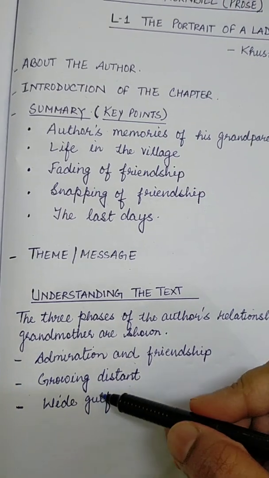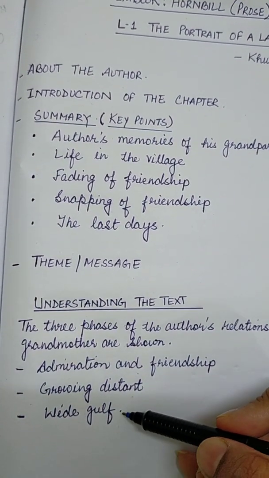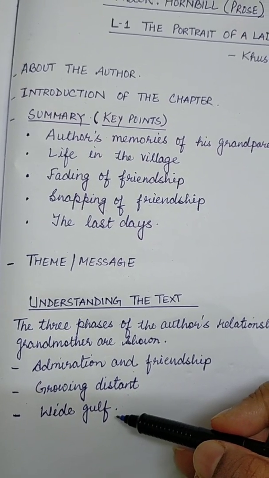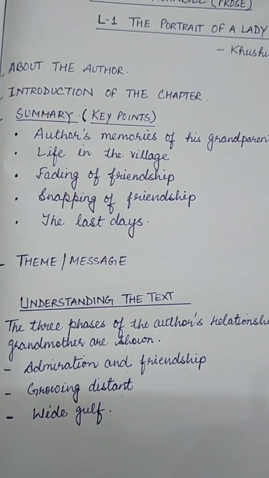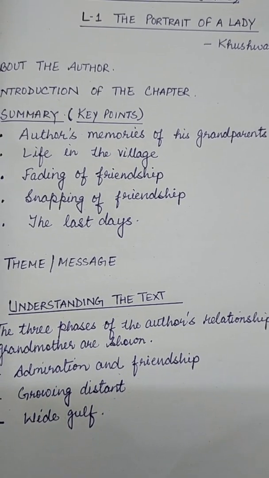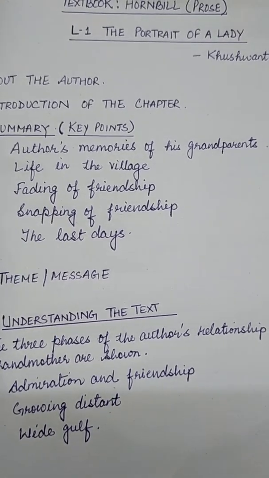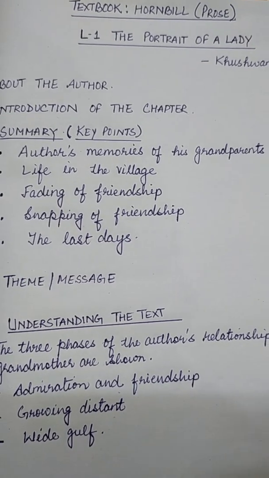Now under the third phase, you may write that when he went to the university, he got a separate room, and even the last link of a shared room was snapped. So the grandmother kept to her spinning wheel, rarely talking to anyone.